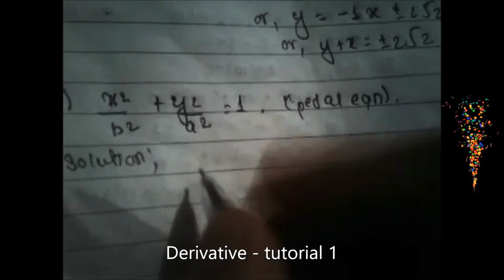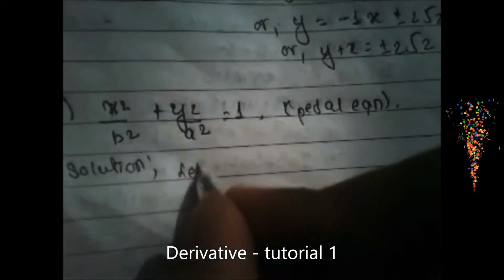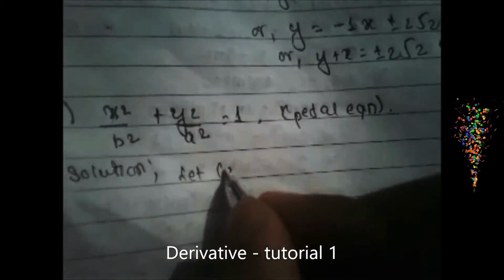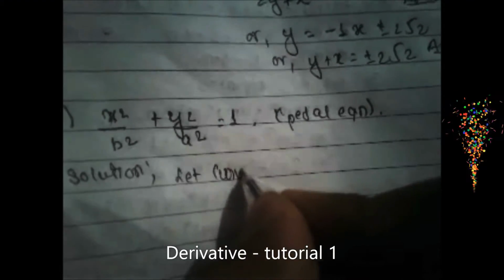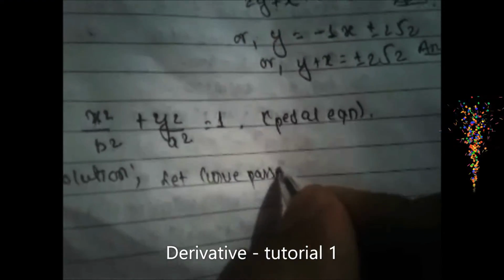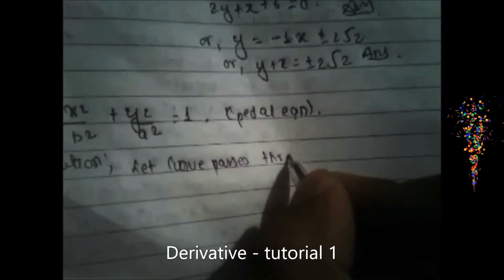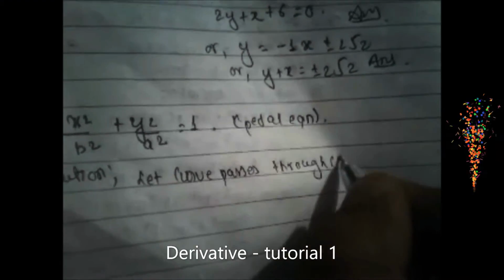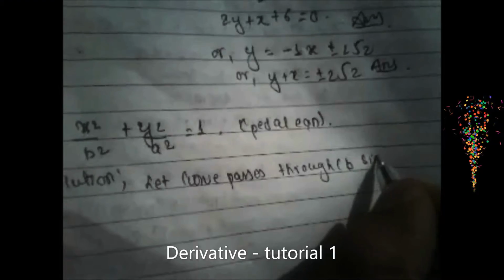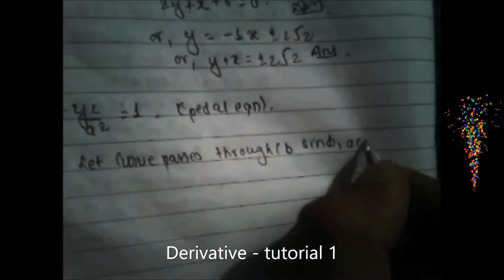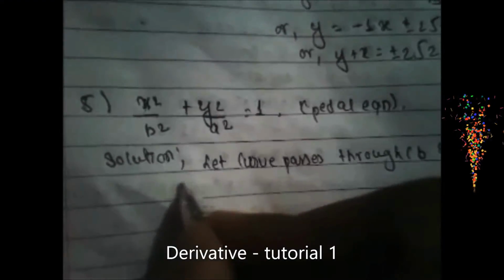For this we have to let the curve pass through b sin phi comma a cos phi.